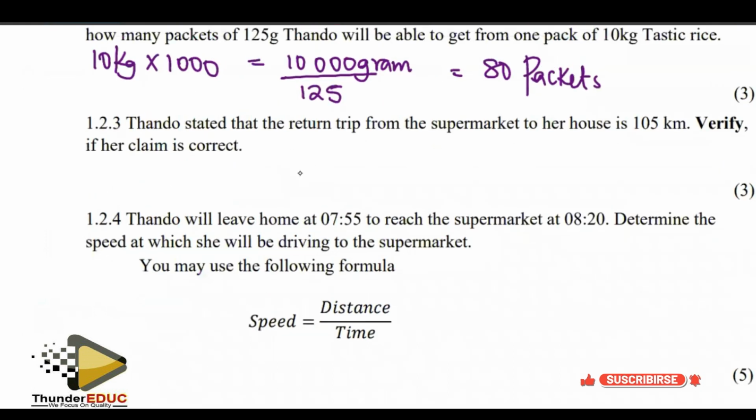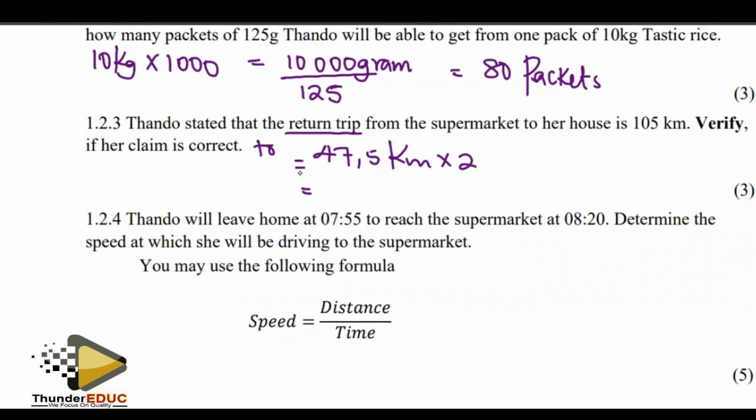When you hear a return trip, that means to and fro, going and coming back. Return, so you're going to multiply by 2. So it's 47.5 kilometers, multiply this by 2. You'll end up having an answer of 95. 95 what?